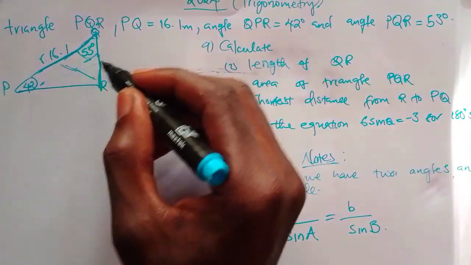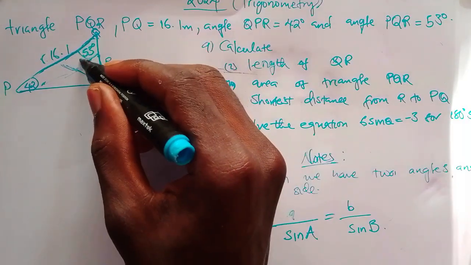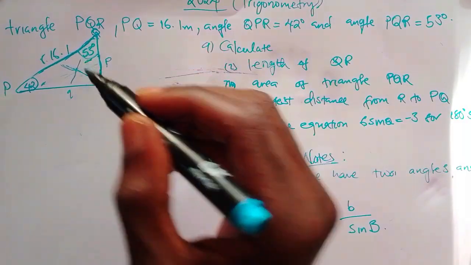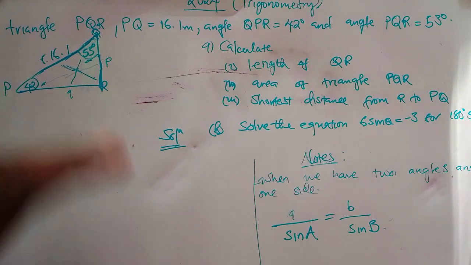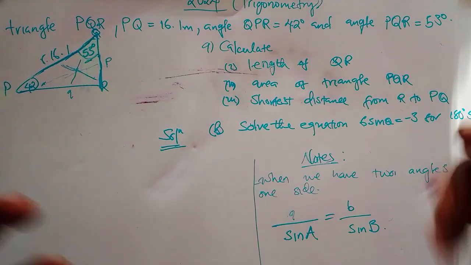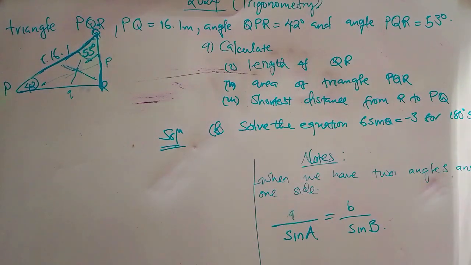Then P we have here. Then Q down there. So once you do that, meaning you have identified the sides which you are going to use in the diagram, our first side we are going to use is the one with at least one angle.